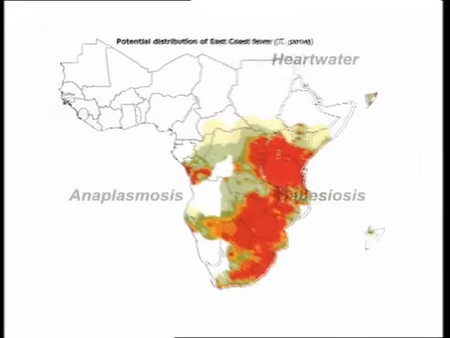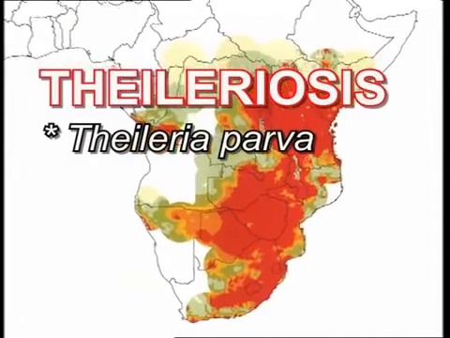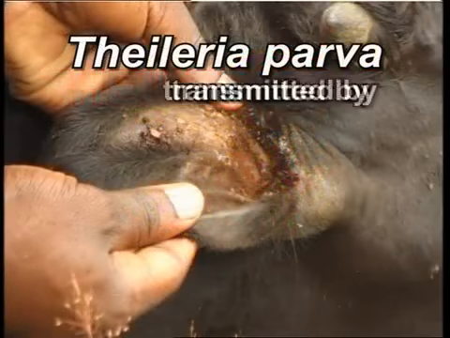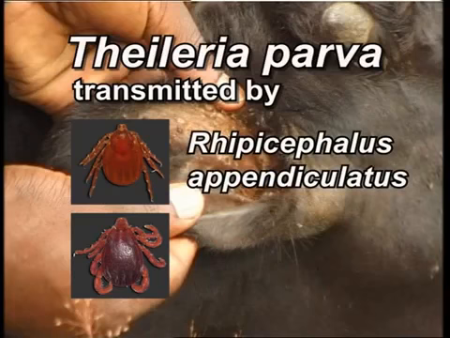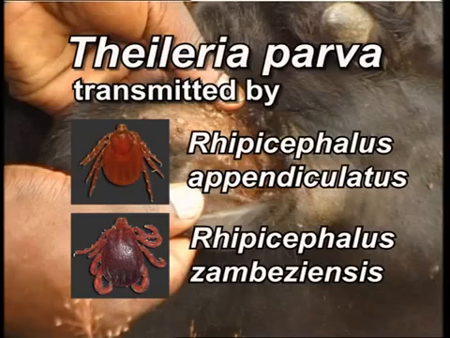Although not the most widespread of the tick-borne diseases, Theileria parva infection is considered by many to be the most important tick-borne disease of cattle in eastern, central, and southern Africa, and is transmitted mainly by the brown ear ticks, Rhipicephalus appendiculatus and Rhipicephalus zambesiensis.